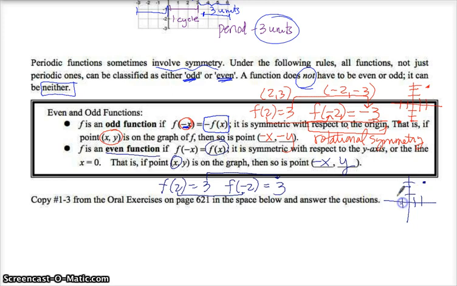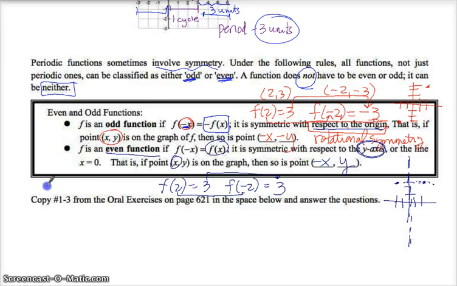If I have (2, 3) as my original point, when I put in the opposite of x, I still get 3. So where is my symmetry? Well, my line of symmetry then is the y-axis. So it's symmetric with respect to the y-axis. So this one has rotational symmetry. This one has line symmetry where you fold it in half. This is like a mirror, and you would see the same picture on the right and left side of the y-axis.